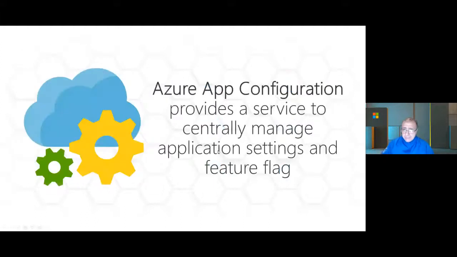Okay, let's start with the definition of Azure App Configuration. It's a service that allows you to centralize and manage the application settings and manage feature flags. I will show you what application settings mean and what a feature flag means, but it's a service you can create and interact with to store your application settings in a safe, encrypted way, in a single place.